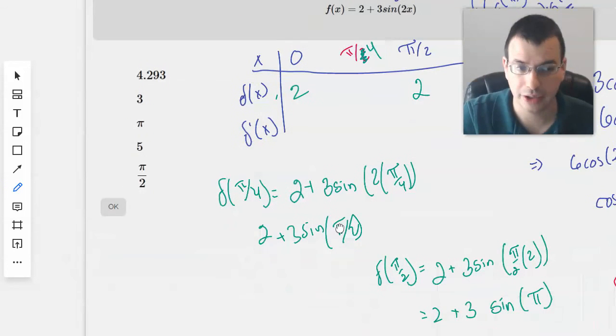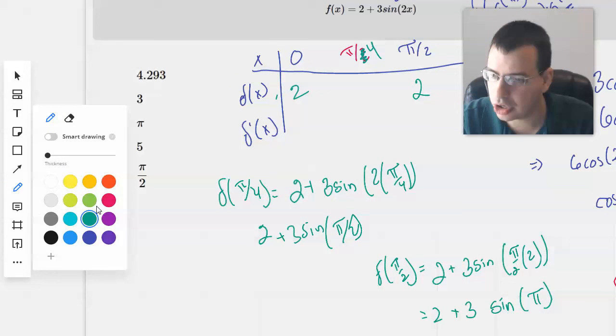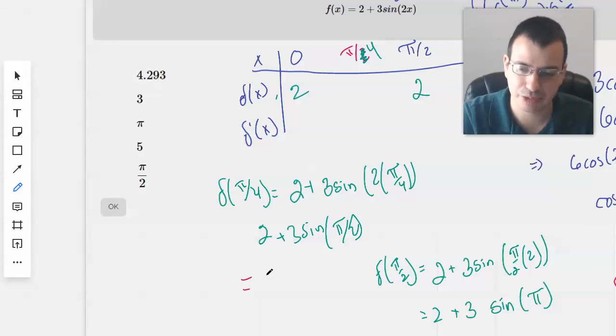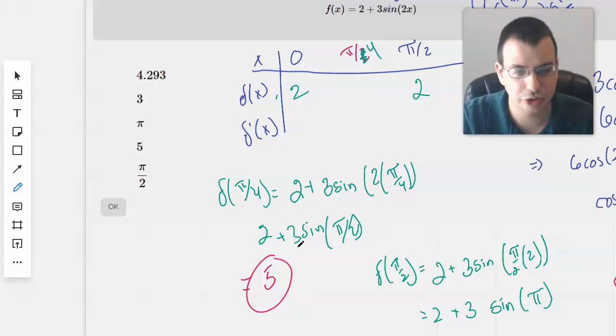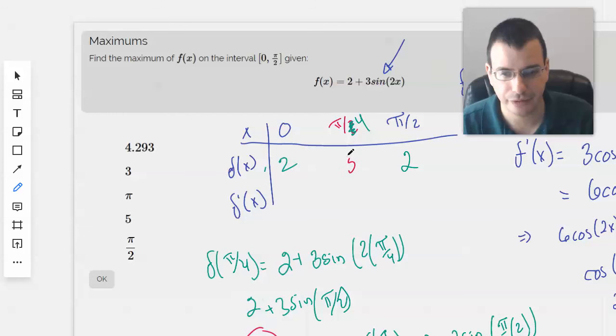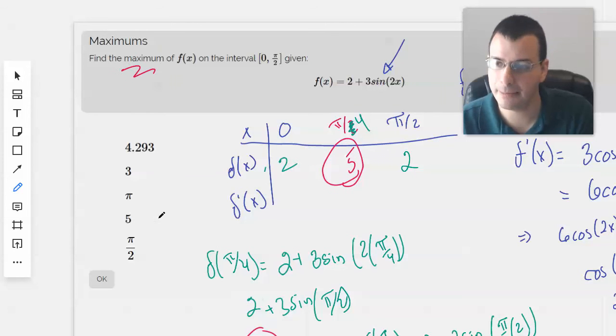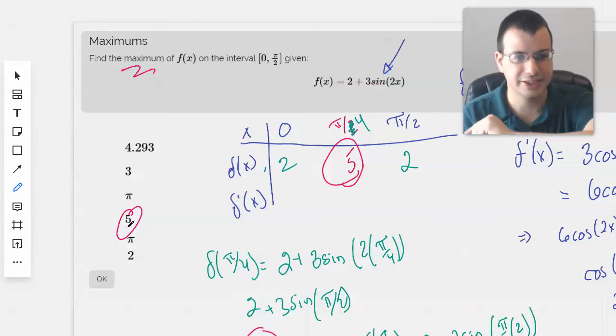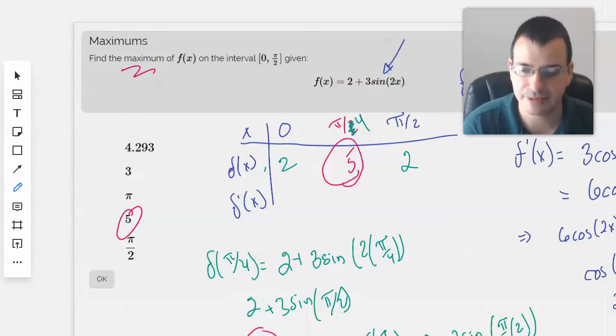Sine of pi over 2 is 1. And so we'll get what our initial suspicions suspected, which would be 2 plus 3 times 1, which would be 2 plus 3, which is 5, which does seem to be a maximum. Yes. So that's how we do this maximum minimum problem.